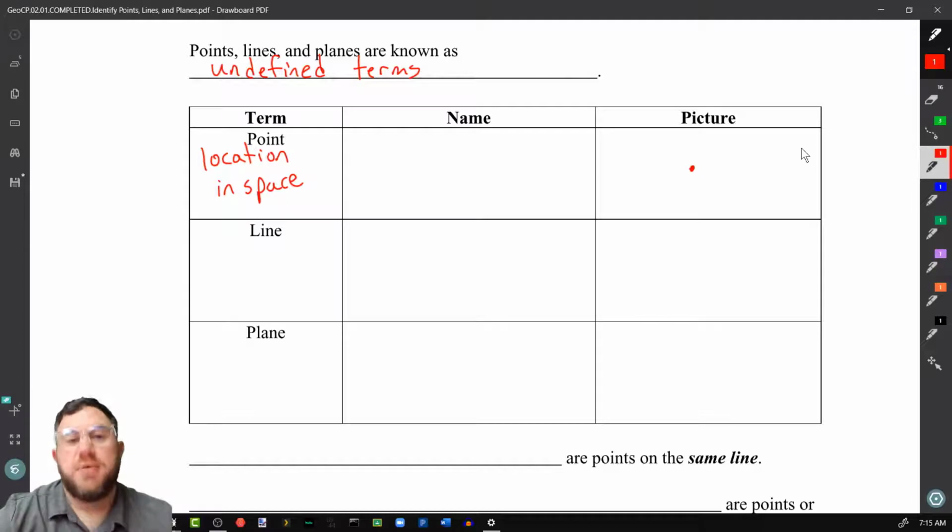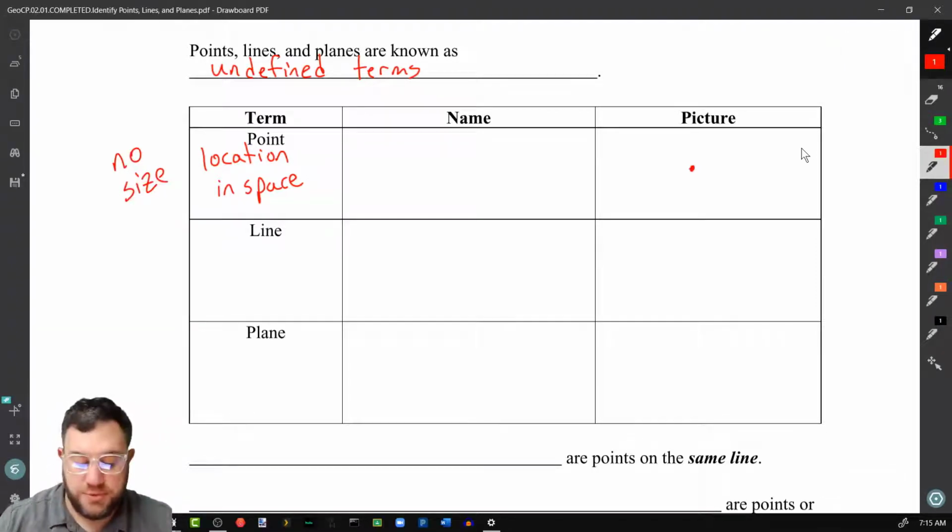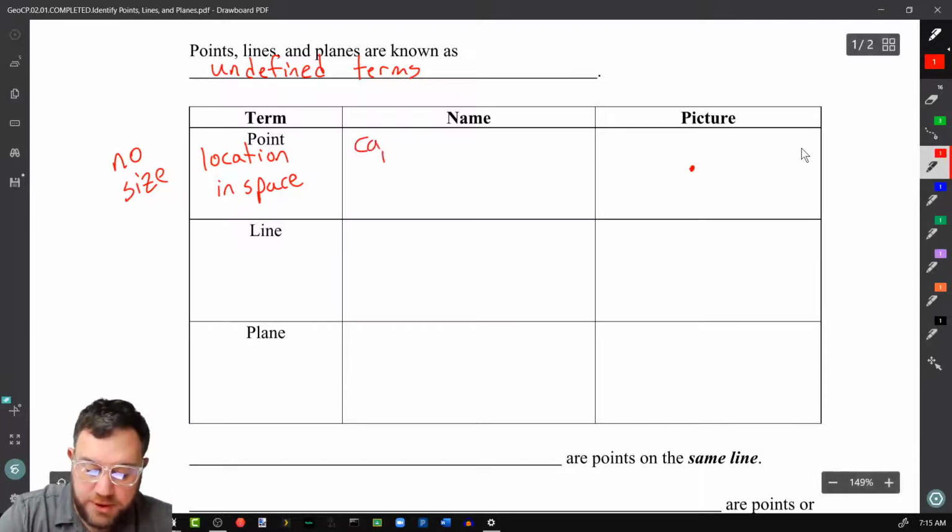It's just a location. It doesn't have any width or any depth. So even though the dot I just drew does have some size to it, a point has no size, no length, no width, no depth. When we name a point, we always want to use a capital letter. So we'll call that one point A.